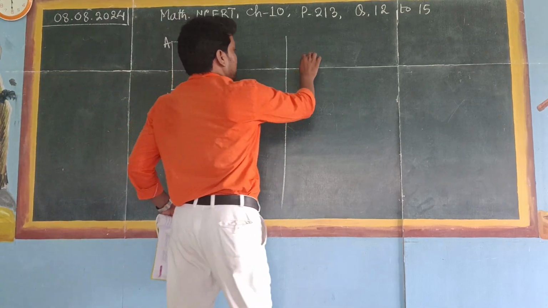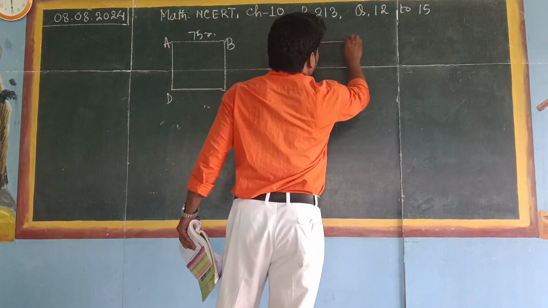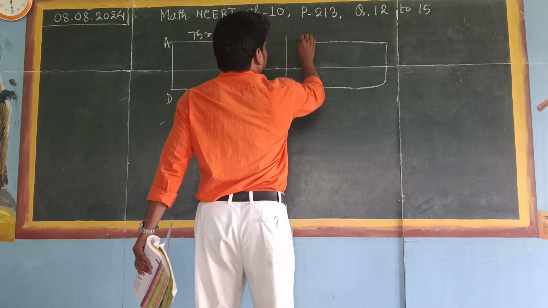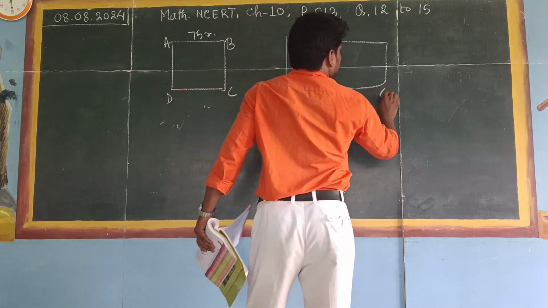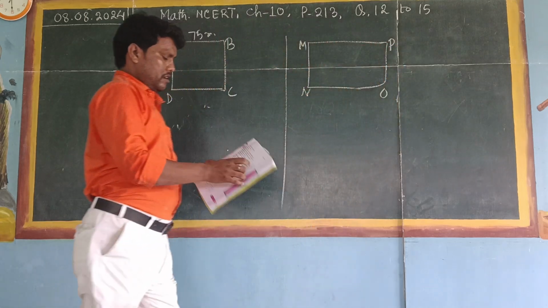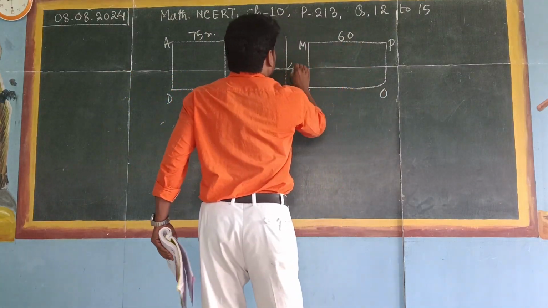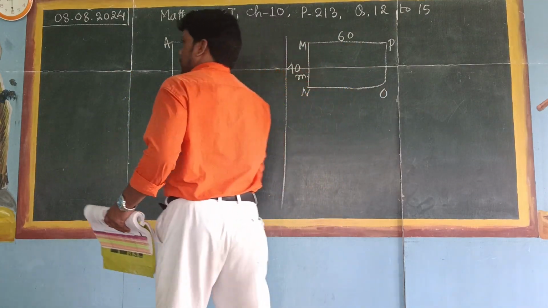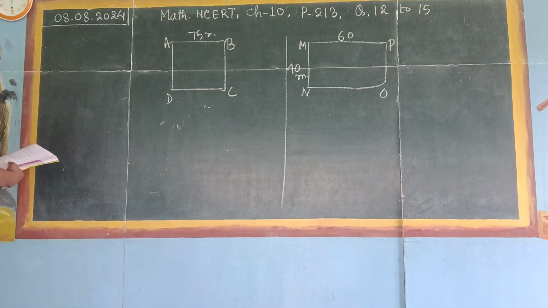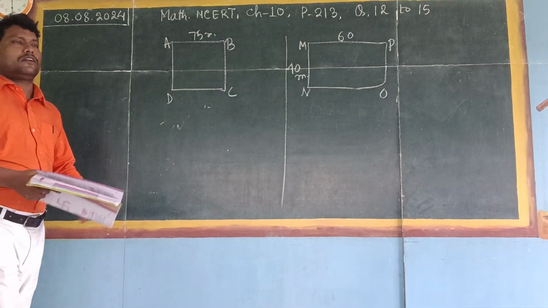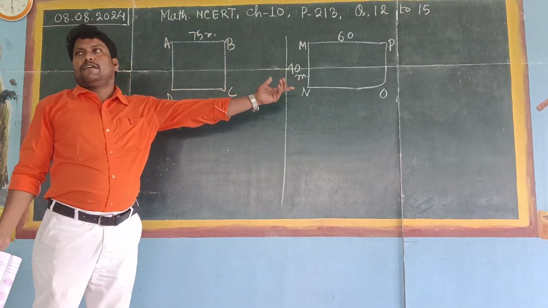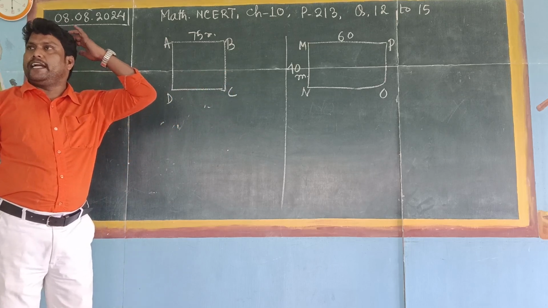But Bulbul runs a rectangular path. Suppose it is MNOP. Okay, and its length is 60 meter and breadth is 40 meter.